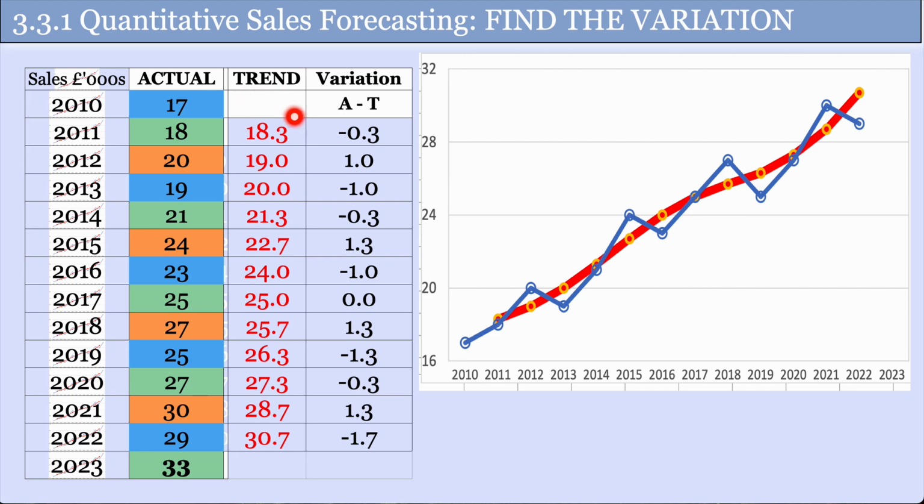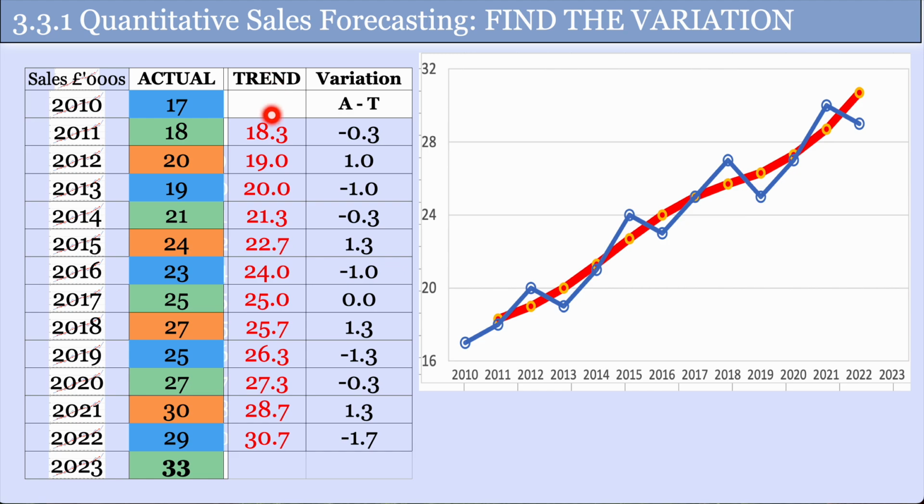You work out this variation for each of those years by saying 18 minus 18.3 gives me an answer of minus 0.3, and it's really important that you get these minuses correct. So 23 minus 24 gives me minus 1. Take this one, 27 minus 27.3, minus 0.3. Hopefully that does make sense to you. So that's your second step.